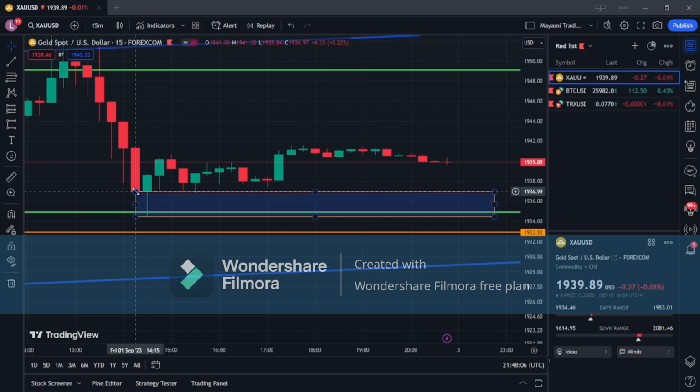The third step is to have a zone aligned under, across, or around, or within the setback, which is this pullback that happened right here in this wick. So you're going to draw a rectangle around this wick, right?